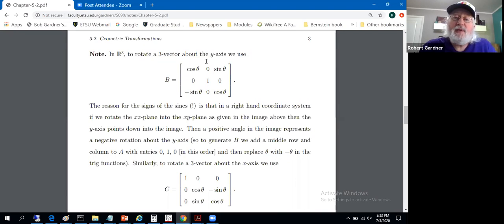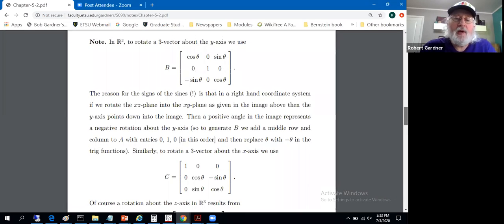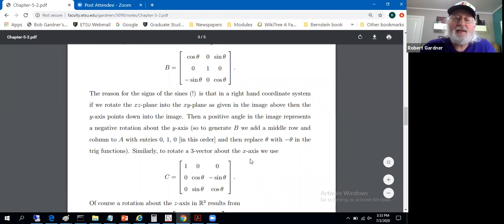I see some neat stuff in the second row and second column, and we're talking about the second axis, as it were. Similarly, if we were to rotate about the x-axis, we'll get first row, first column, as probably anticipated. And we get the cosine, negative sine, sine, cosine distributed in this form.